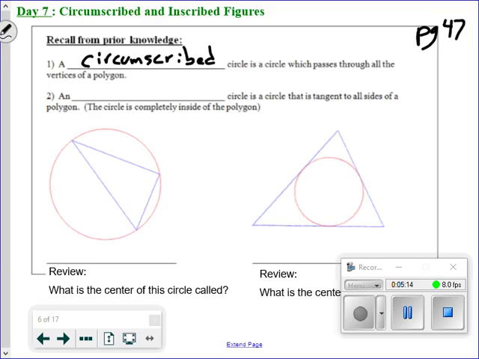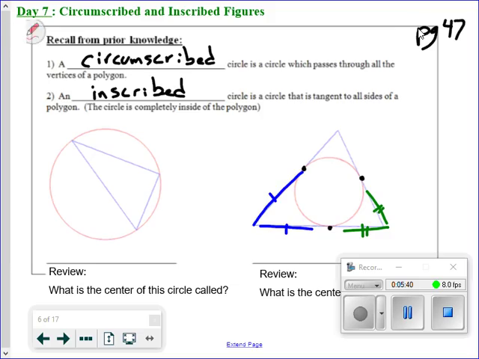And then the other option is if we put the circle inside of the shape, an inscribed circle is tangent to all the sides. So this is only hitting once in each spot. And for us, we see this a lot. Like those two tangents are the same. These two tangents are the same. And these two tangents are the same. So we've done that problem a few times.